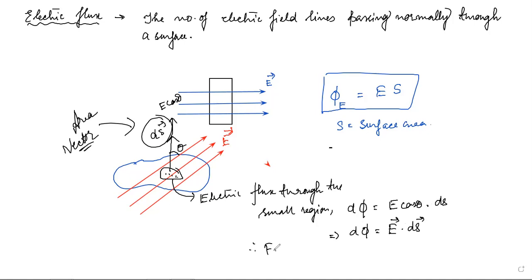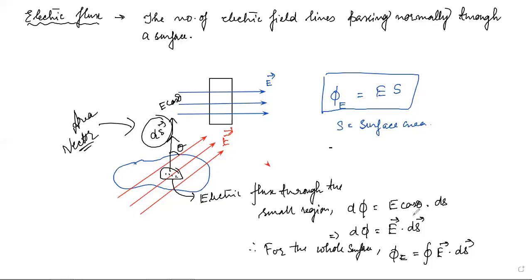Therefore, for the whole surface, we can write phi E is equal to the closed integration of E vector dot ds vector, where ds vector represents the area.